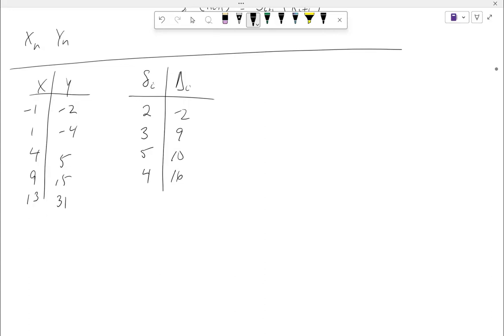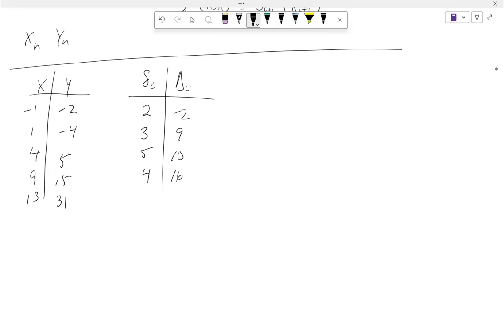Right? So the way we did this was we figured out what the coefficients on the linear piece and the coefficients on the cubic piece were in terms of the coefficients in the quadratic piece, right?